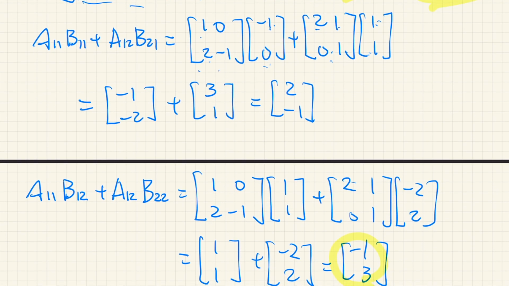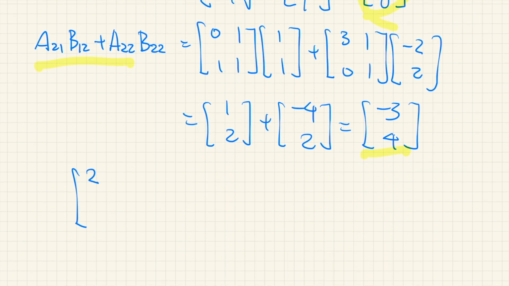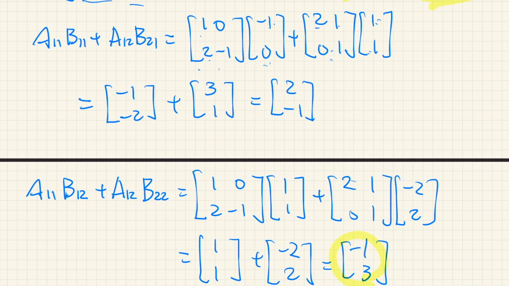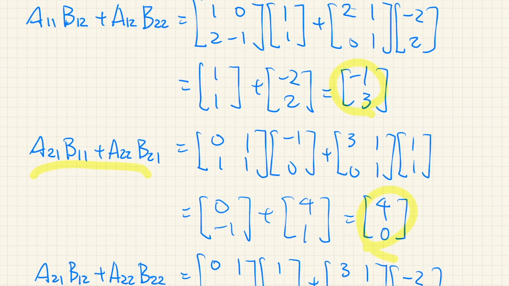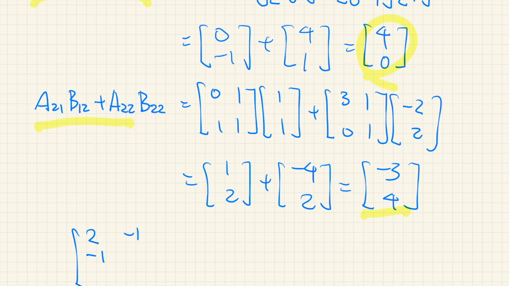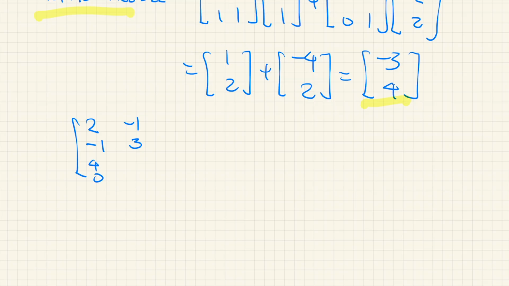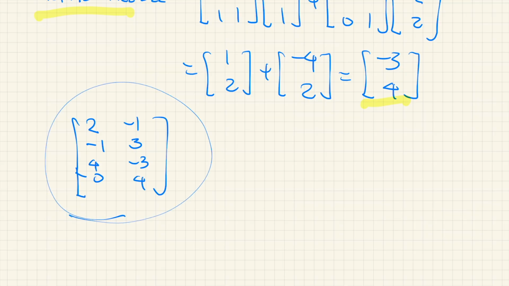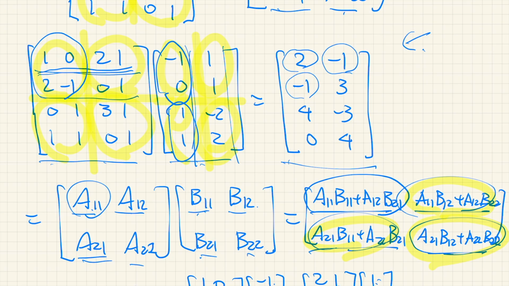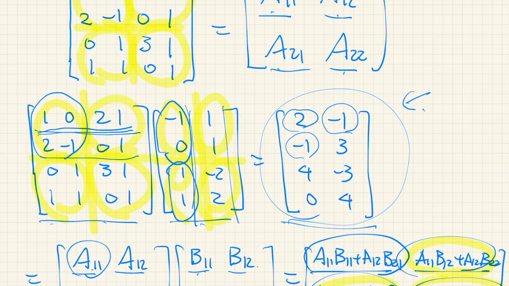The first one is 2, -1, 2, -1, and the second one is, what is it? This one, -1, 3, and 4, 0, and negative 3, 4. So that should be it. So compare this with this one. So that's the same matrix. So whether you partition matrices into blocks or not, you get the same result for a matrix product.